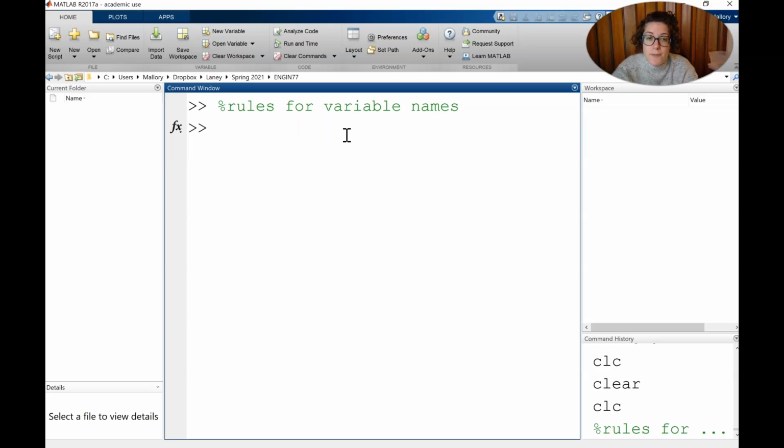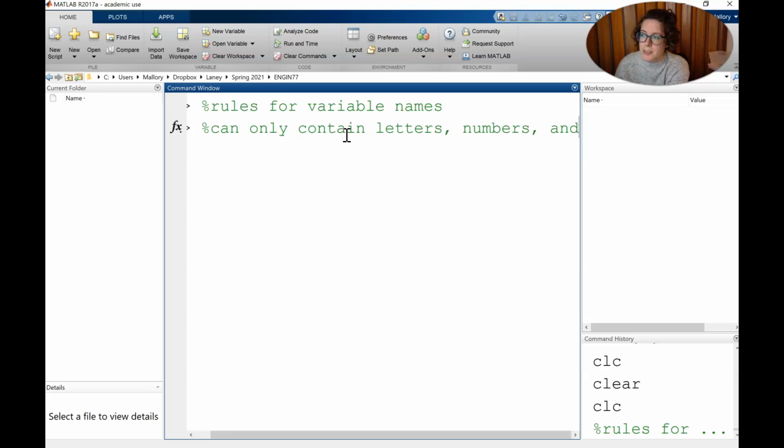A variable name is basically what we're going to use to store some value, some matrix, or some vector. Our variable names can only contain letters, numbers, and underscores.